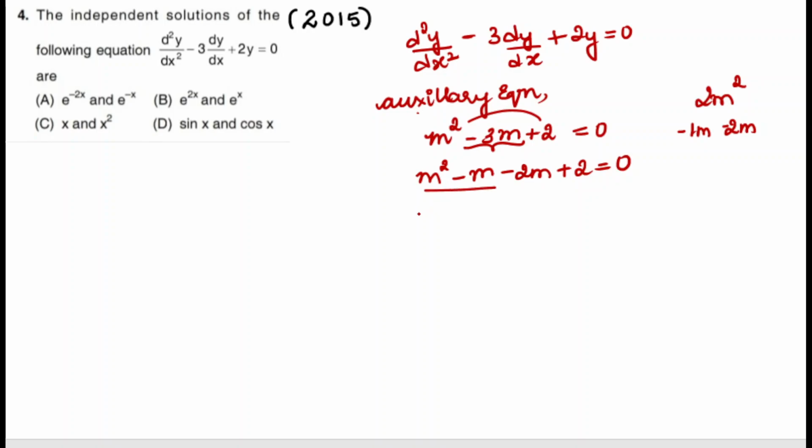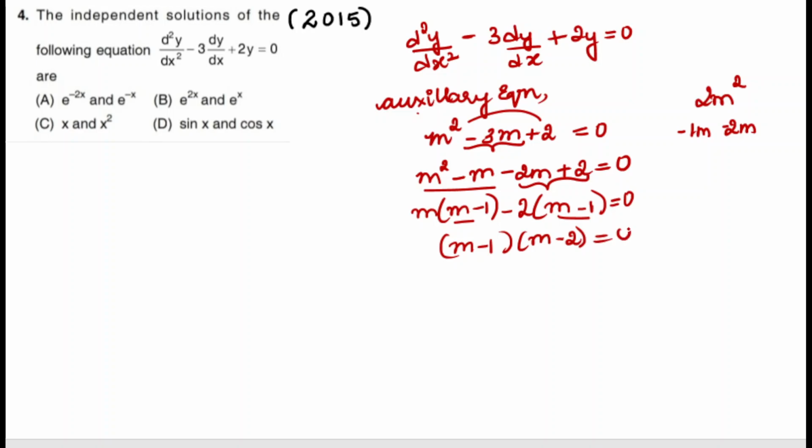Taking m common from the first two terms, it will be m minus 1. In the other two terms, taking minus 2 common, it will be m minus 1, right? Now m minus 1 I take common, remaining is m minus 2. So the m value will be 1 and the m value will be 2. I call these m1 and m2. These are the roots of the given equation.